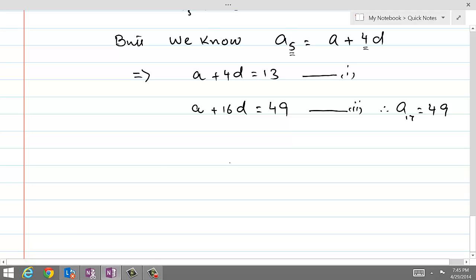So we will multiply equation 1 by 4 to make the coefficients of D the same, and then perform subtraction.